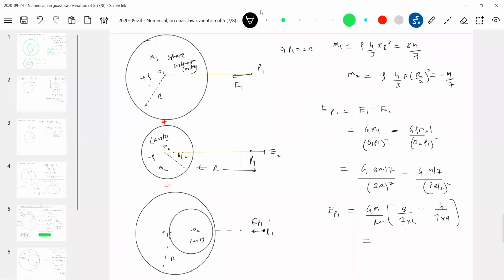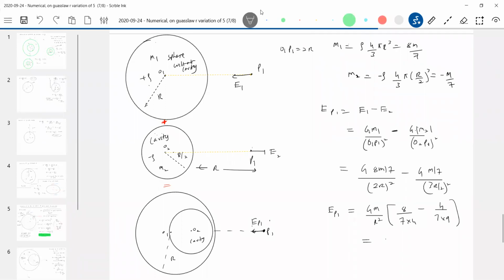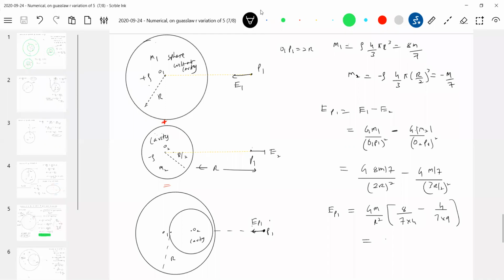Seven you can take, 9 into 8, 56. Anybody got the value? 2GM by 9R square. You'll get only that much. Huh? 7 is there, no?